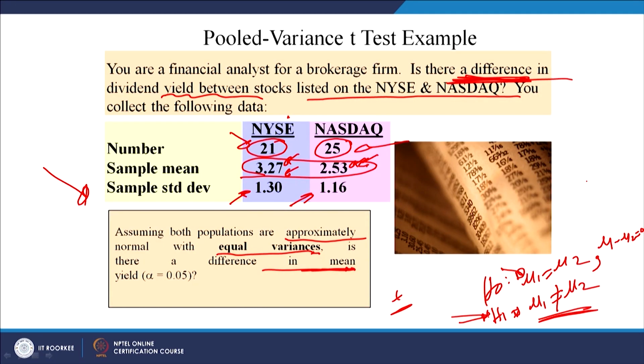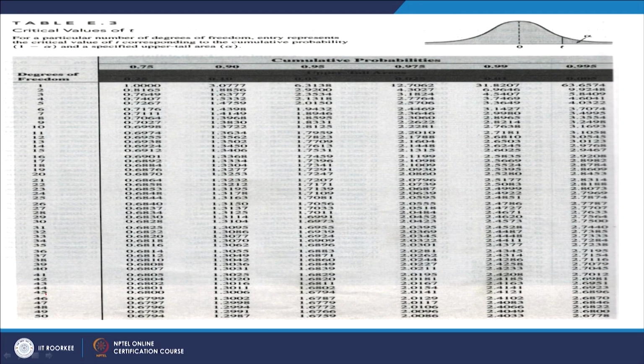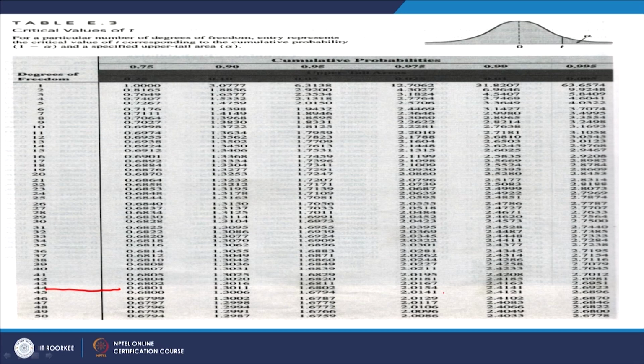Again, you should look at your t value. The t value is to be looked at 44 degrees of freedom, that is N1 plus N2 minus 2, 44 degrees of freedom. When you look at the t table, it says 2.01 at 44 degrees of freedom, and this is 2.040.